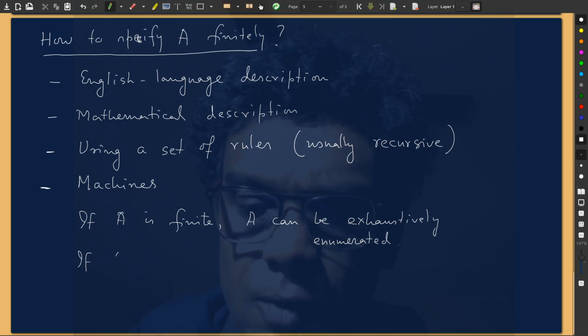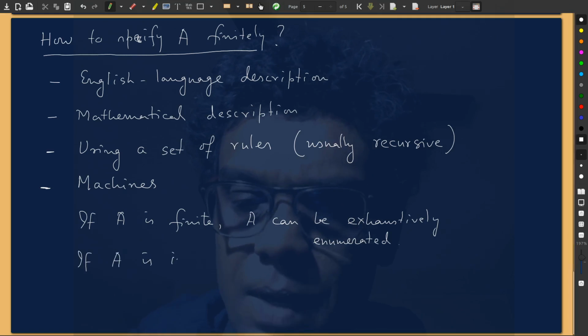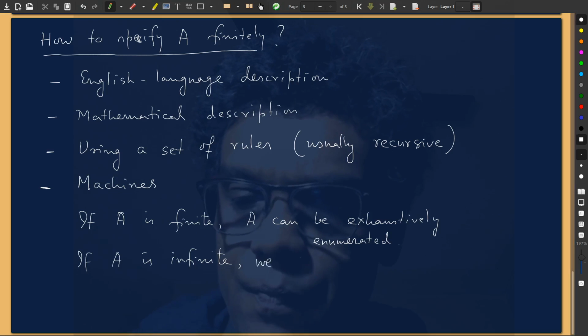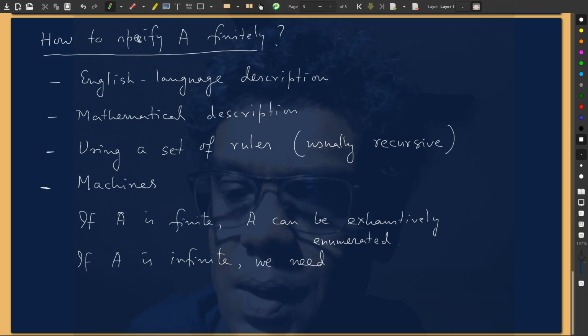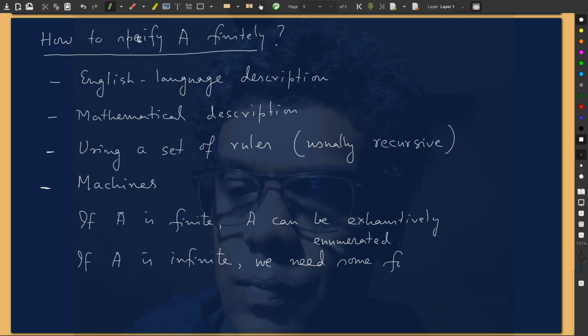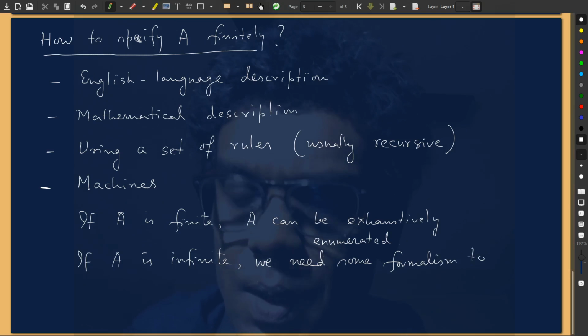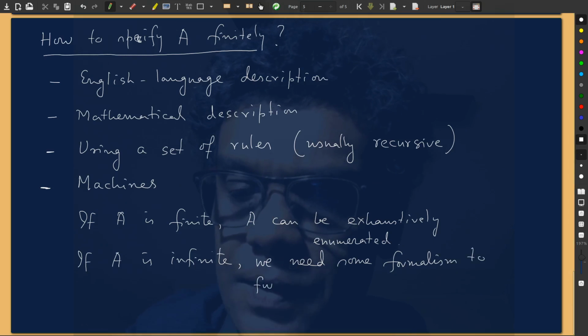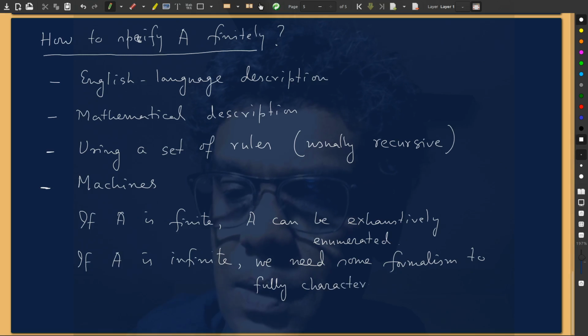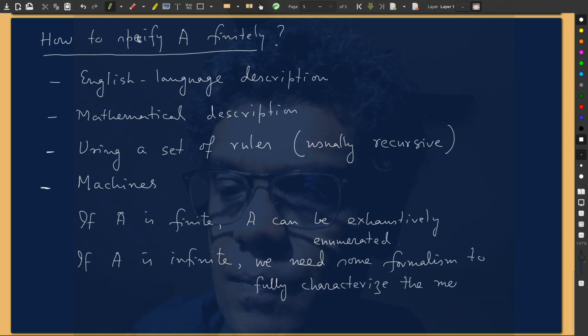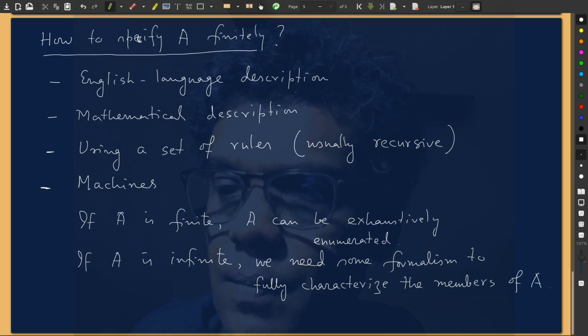But if A is not finite, then we need some formalism to fully characterize all the members and only the members of A. Okay.